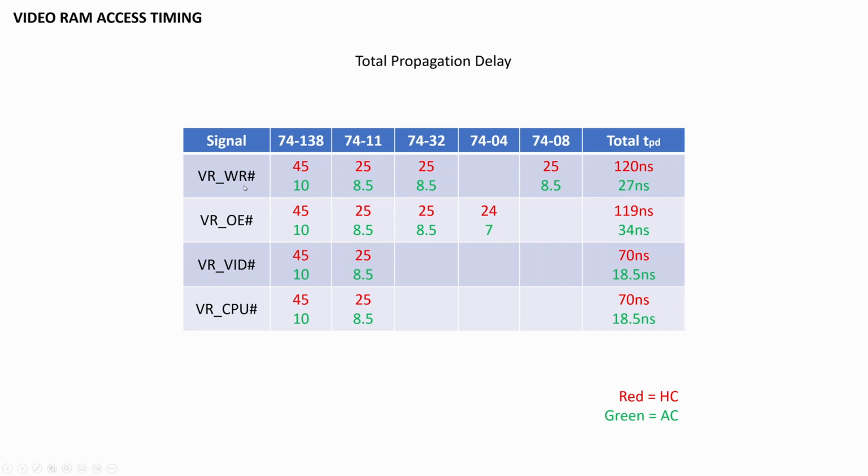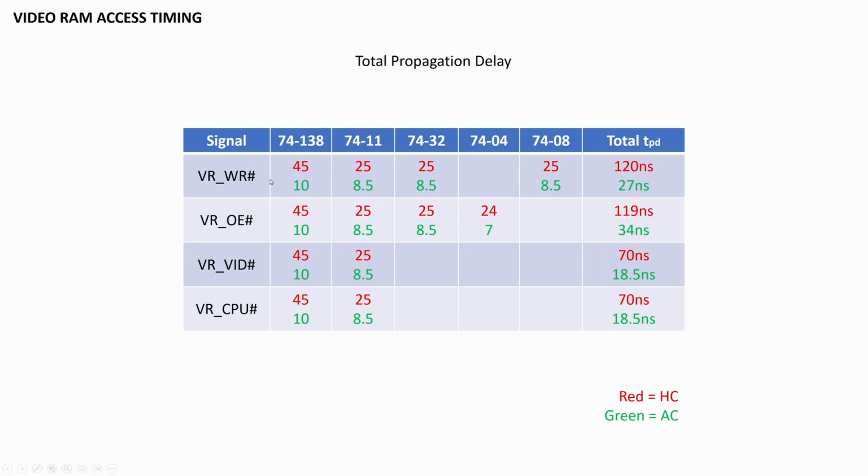And the write signal is the only one that has to go through the 7408. And the output enable is the only one that has to go through the 7404. So I've added all the times up. My red numbers are for the HC parts and my green numbers are for the AC parts.